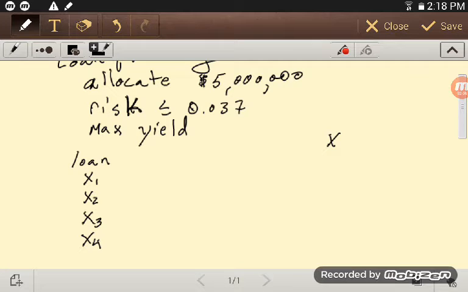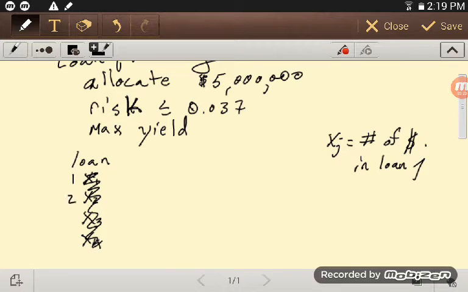So Xj is equal to the number of dollars in loan J. Yeah, so if I call it loan J, I've got loan 1, 2, 3, and 4. There we go. So you can change your mind as you move through these things.